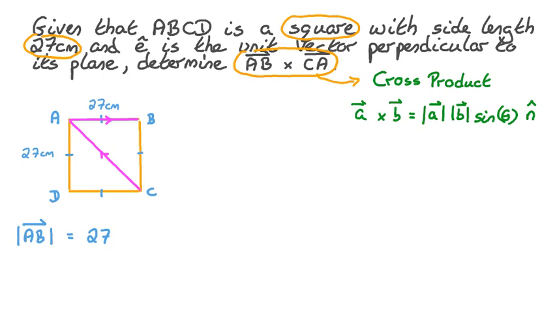We also need to calculate the magnitude of vector CA. As triangle ABC is a right triangle, we can do this using the Pythagorean theorem, which states that A squared plus B squared is equal to C squared, where C is the length of the longest side or hypotenuse.